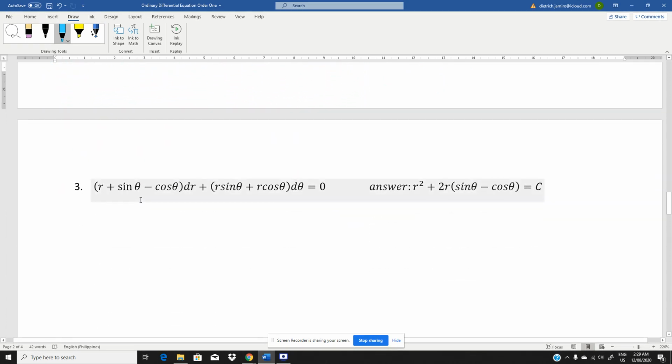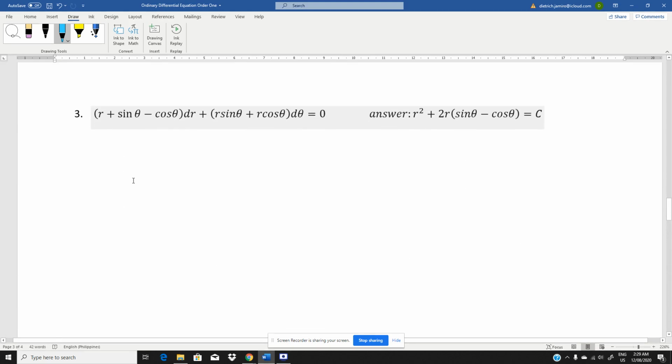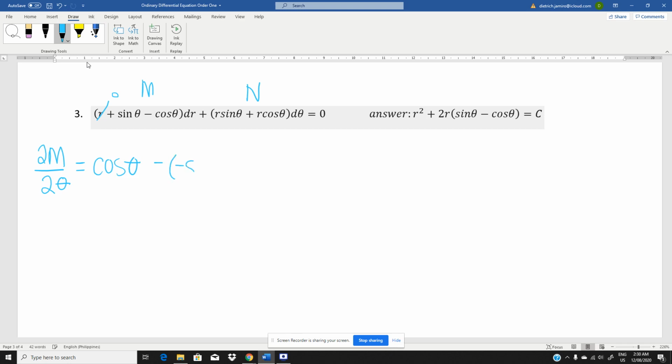Now let's go to our third problem, third example. As you can see, we will consider this one as M, then this one as N. By first taking the partial derivative of M with respect to theta, this will become 0 plus the derivative of sine theta, which is cosine theta, minus the derivative of cosine theta, which is negative sine theta.